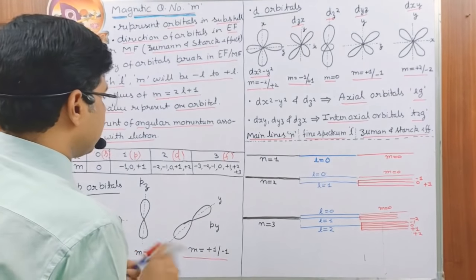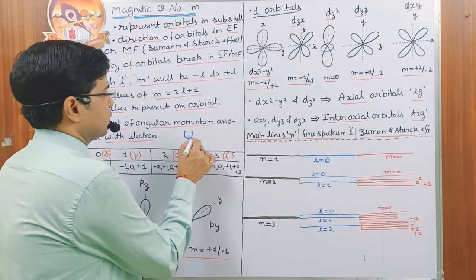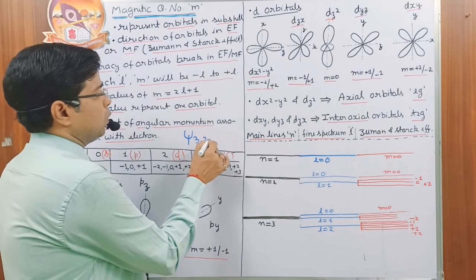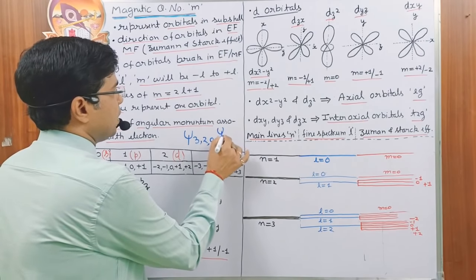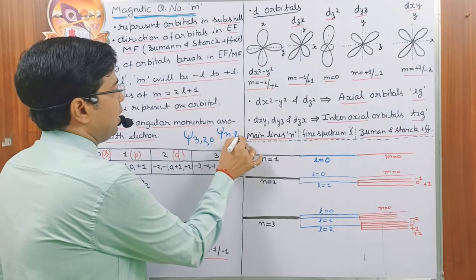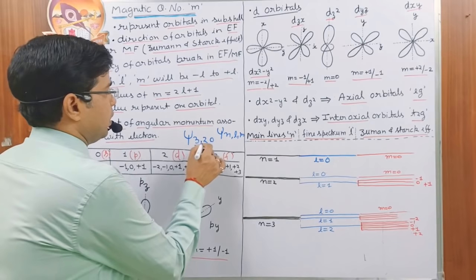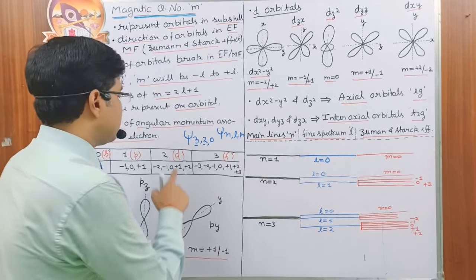Suppose in any question they have given sigma 3 2 0. This is the representation of sigma n l m. Third shell, d subshell, l is equal to 2. l equal to 2 is the d subshell.